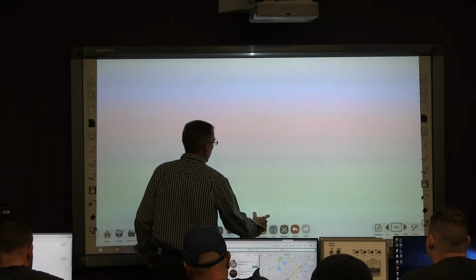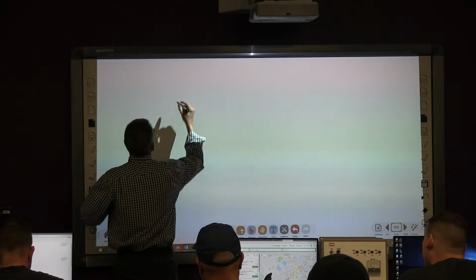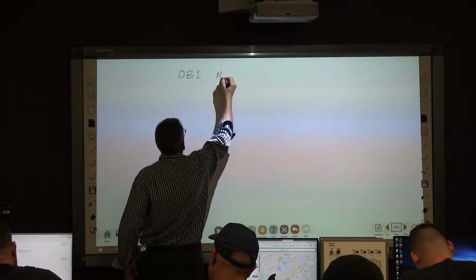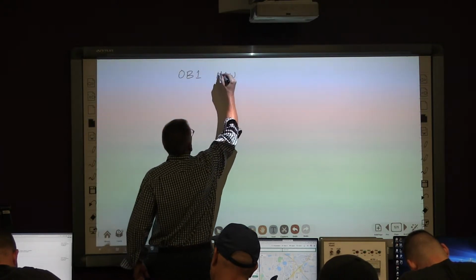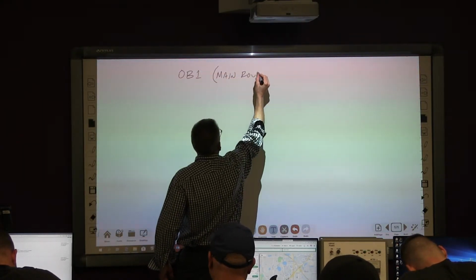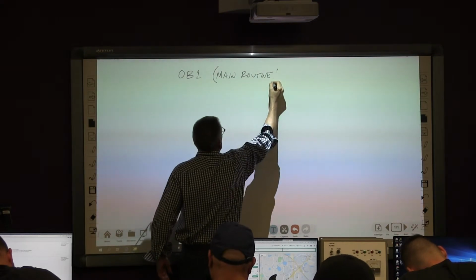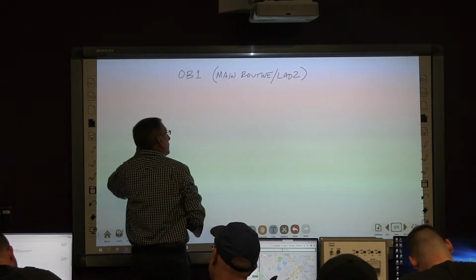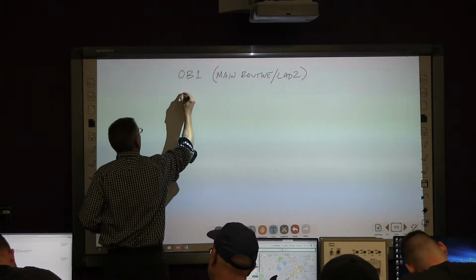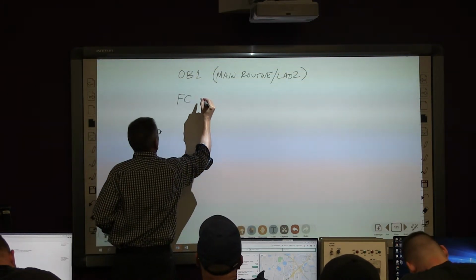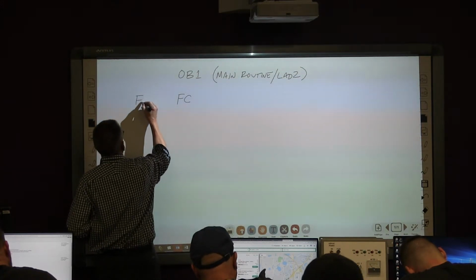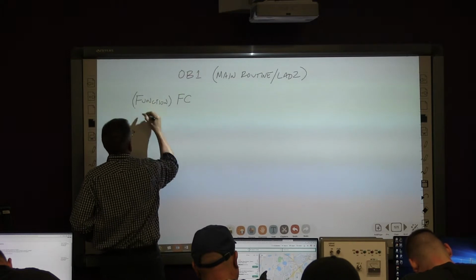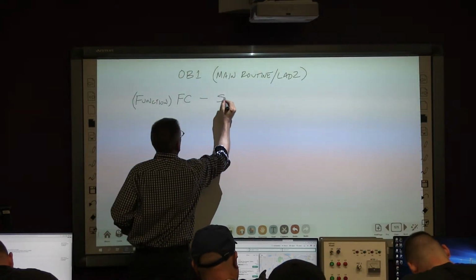Now that's an OB type. OB1 is the main routine. FC, or function, is a subroutine.